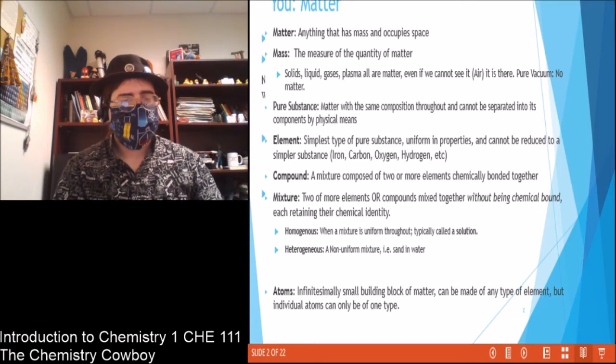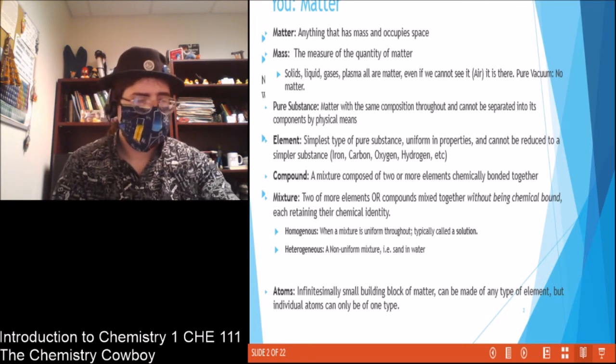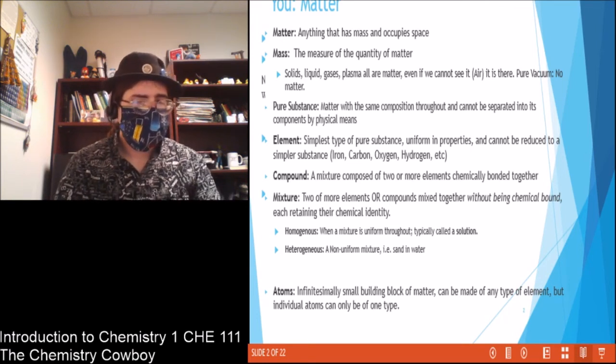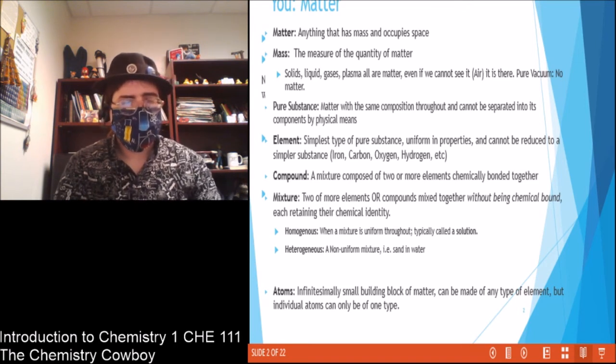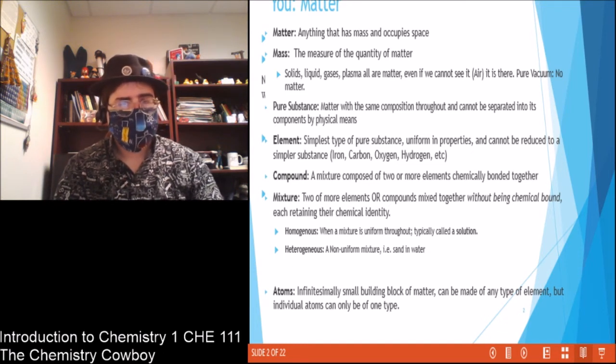And so oftentimes we're going to talk about mixtures. Mixtures are two or more elements or compounds that are put in the same area without being chemically bound. So each one stays chemically unique. If I talk about a mixture, air is the penultimate mixture. Air is the mixture that we deal with every second of every day, and if we suddenly aren't dealing with it, you're dead.